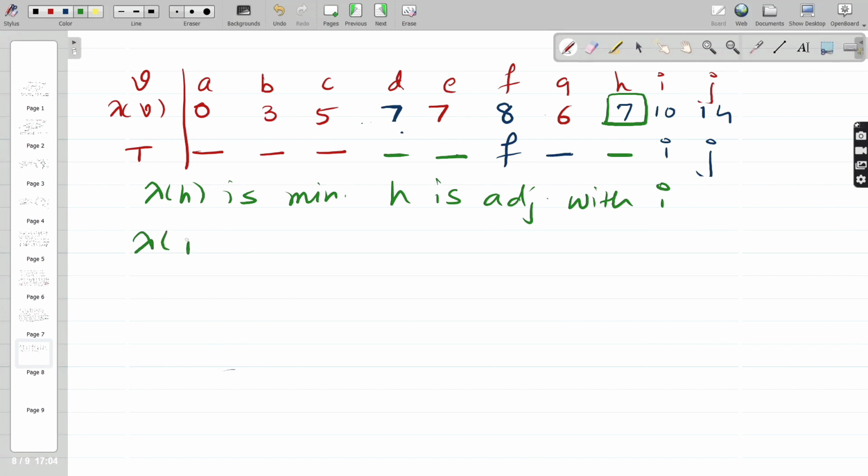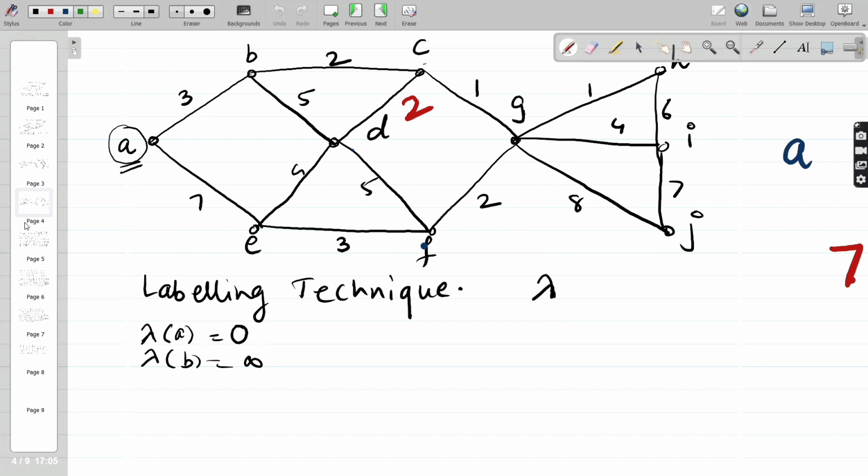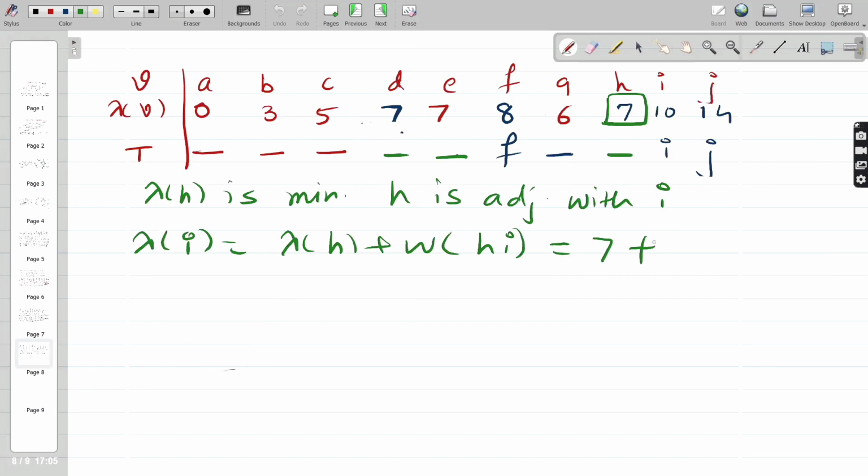So lambda of I is equal to lambda H plus weight of HI. Lambda H is 7 and weight of HI is 6. So 7 plus 6 is 13, which is of course greater than 10. So we will not replace this. We will retain this table again.